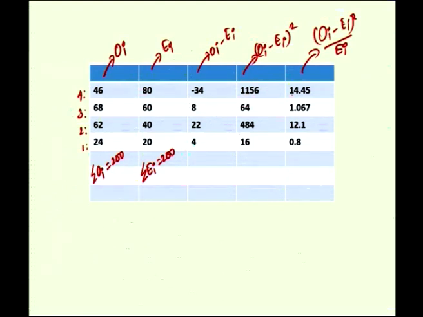So, this value 14.45 is arrived at by 1156 divided by 80, which is 14.45. The summation of OI minus EI whole square by EI is equal to 28.417. So, we have calculated the chi-square value and come to the step 5 part.